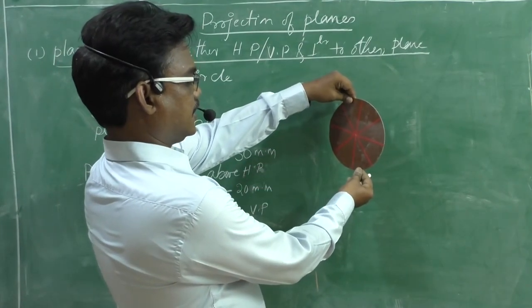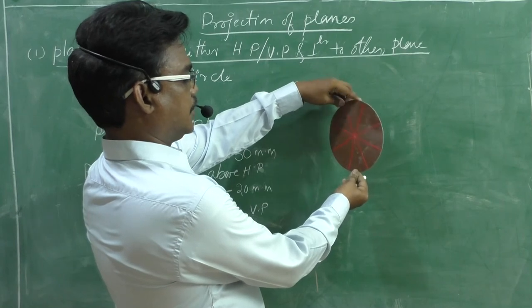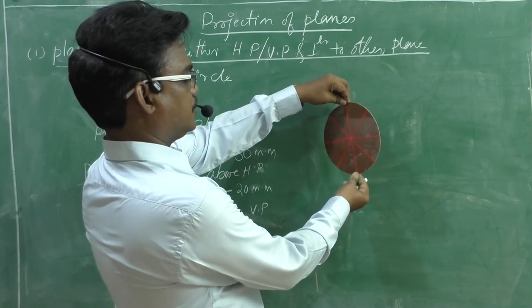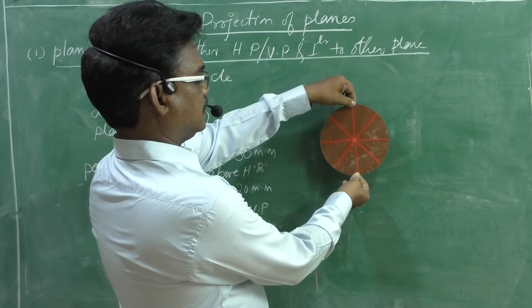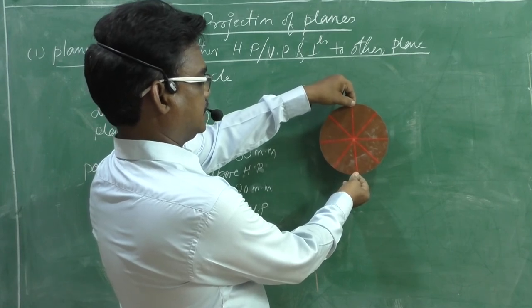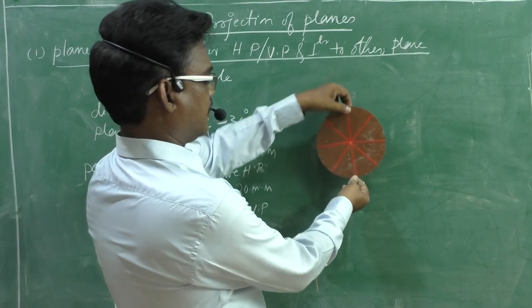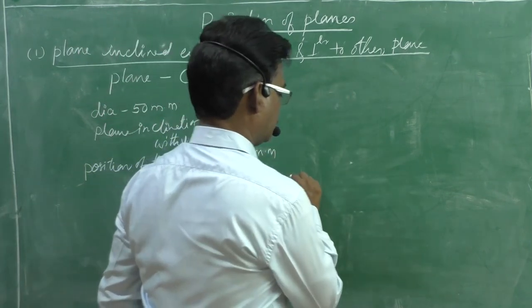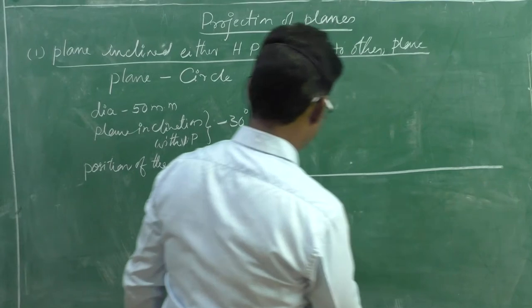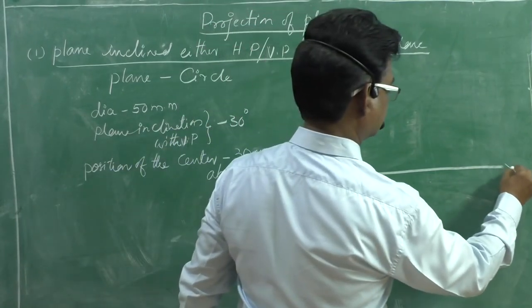When it is inclined, we cannot visualize two dimensions. Therefore, we need to assume that it is parallel to VP like this. Therefore, we can see two dimensions in the front view. So we need to draw a reference line first, XY.